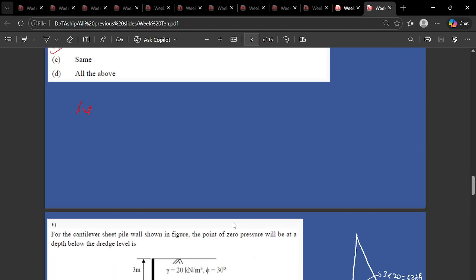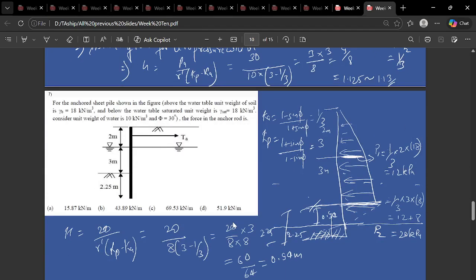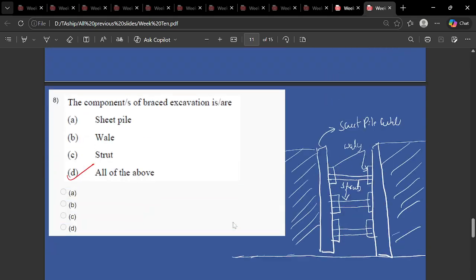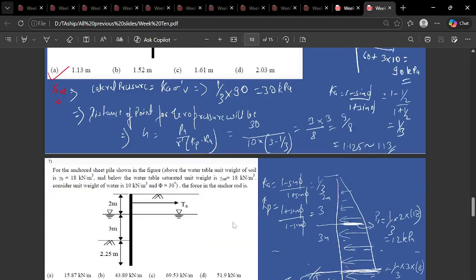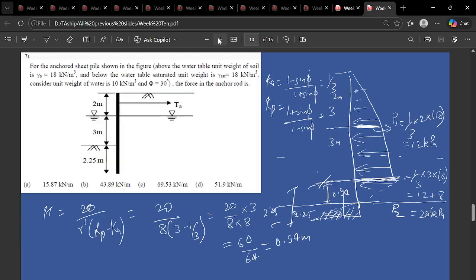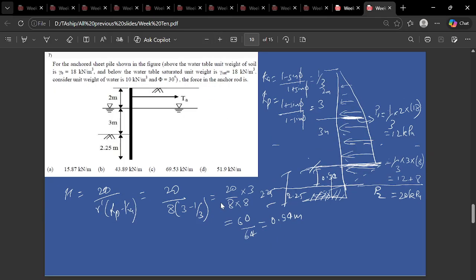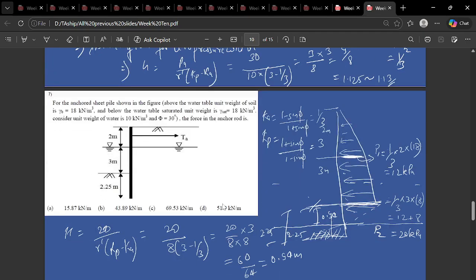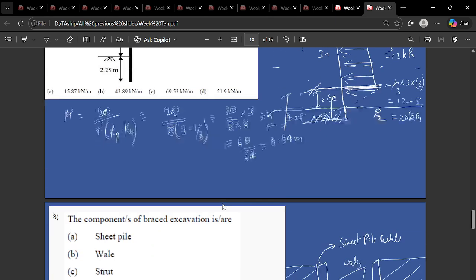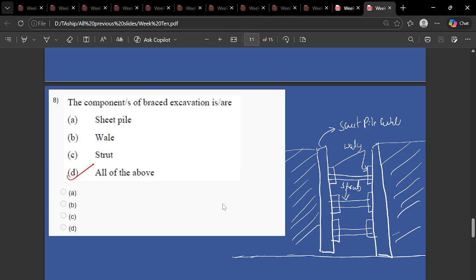The point of zero pressure basically depends upon how you take into account the earth pressure diagram. Here you can see your earth pressure is increasing, and now the shape is changing.